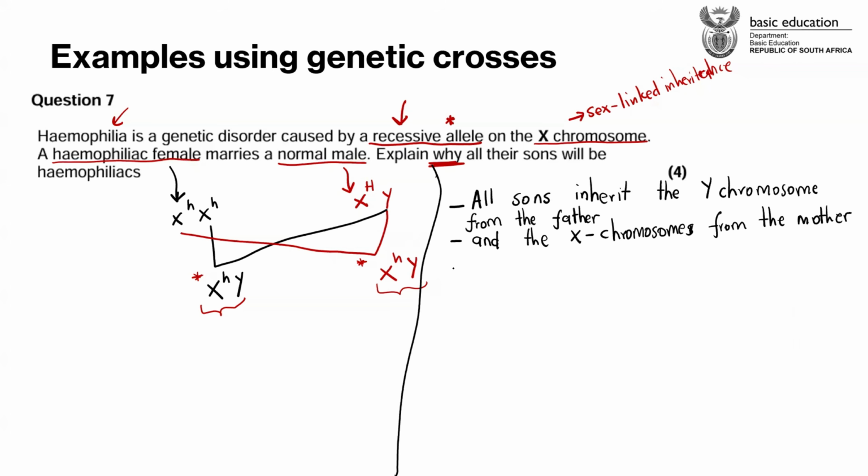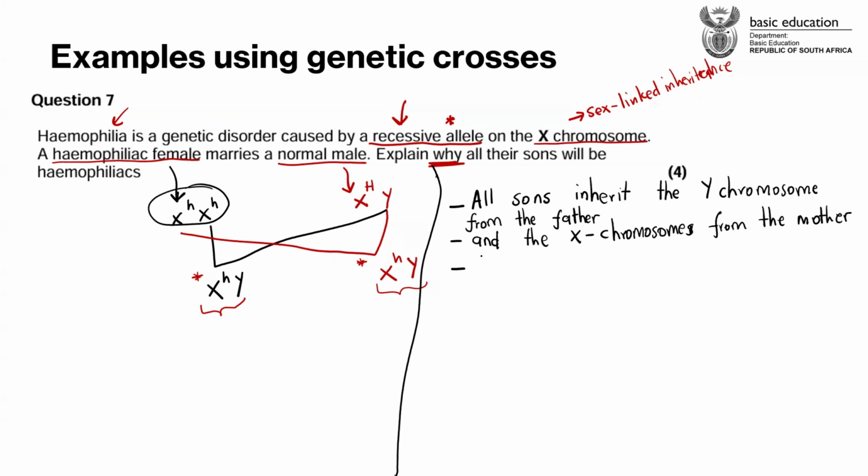So here you now relate it to this scenario to say that in this particular scenario, both the X chromosomes of the mother have the recessive allele because she is hemophiliac, okay? You even mention the genotype for them to be able to see that you understand what you're talking about.